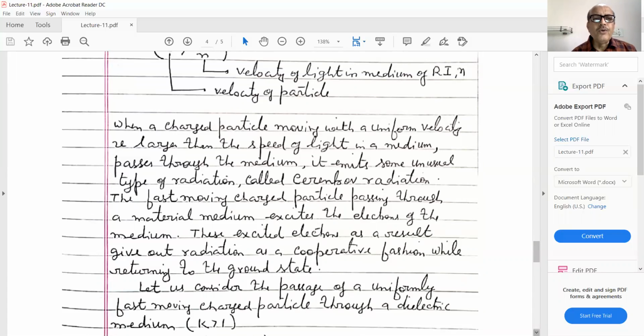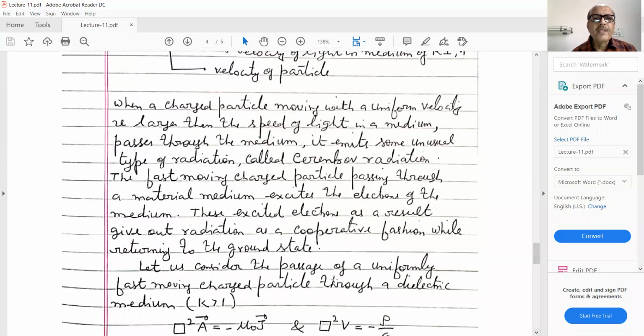So you already know that suppose we have the passage of a uniformly fast moving charged particle. What is the condition on the charged particle? The condition is that it should move faster than the velocity of light in that medium.